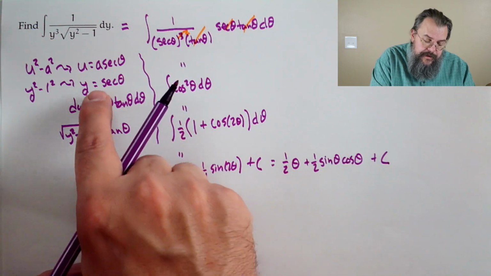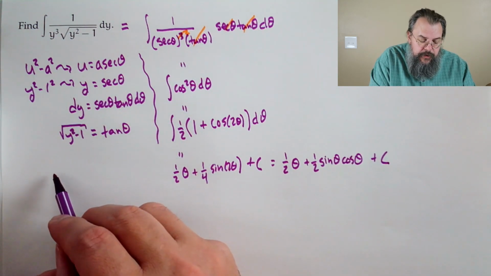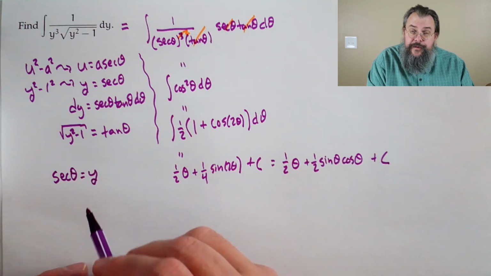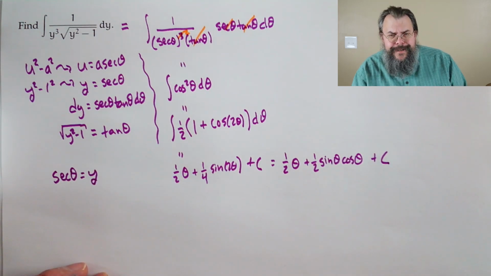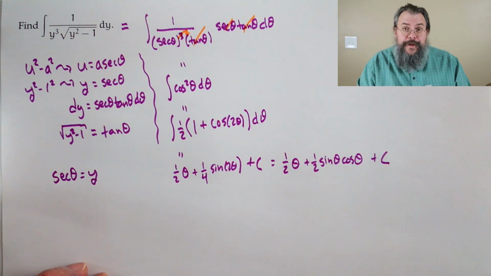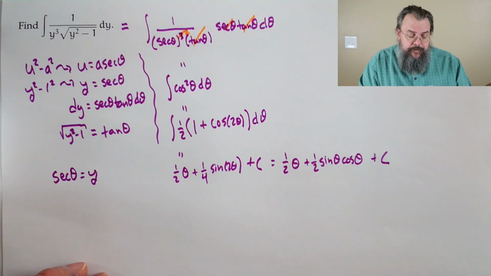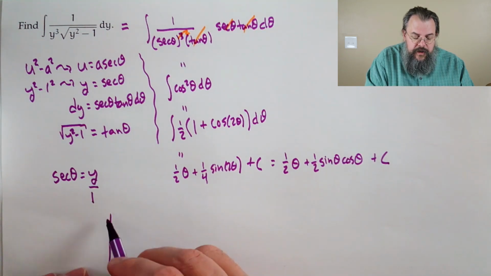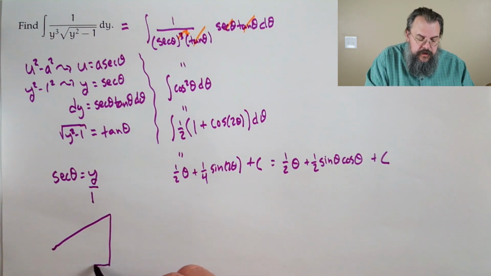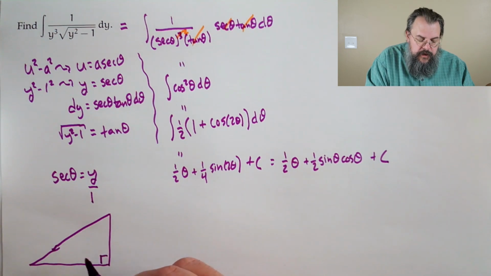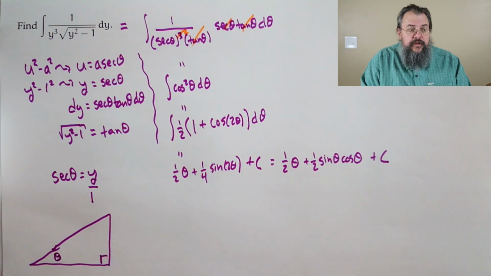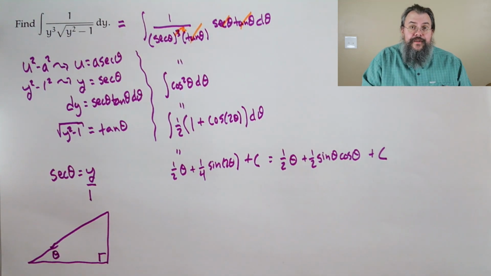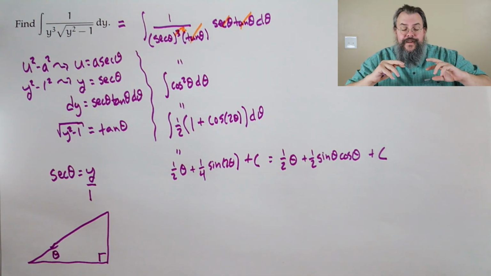Now, we can come back here. We chose wisely, because we were able to integrate, y as secant. Well, that's really secant over 1. So, when we draw our triangle, we have theta in the corner. Secant is the hypotenuse over the adjacent. It's the reciprocal of cosine.